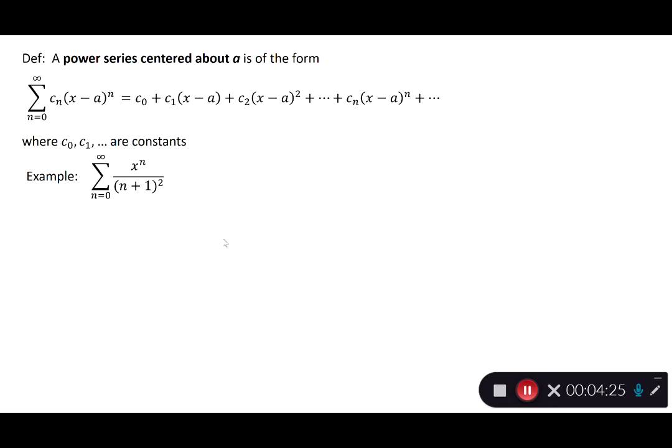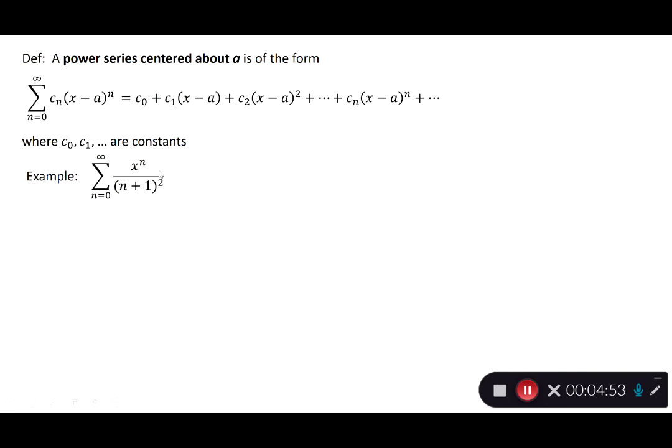Now, what is c sub n? Whatever x to the n is multiplying. What is x to the n multiplying in this case? 1 over the quantity n plus 1 squared, right? So c sub n is 1 over the quantity n plus 1 squared.